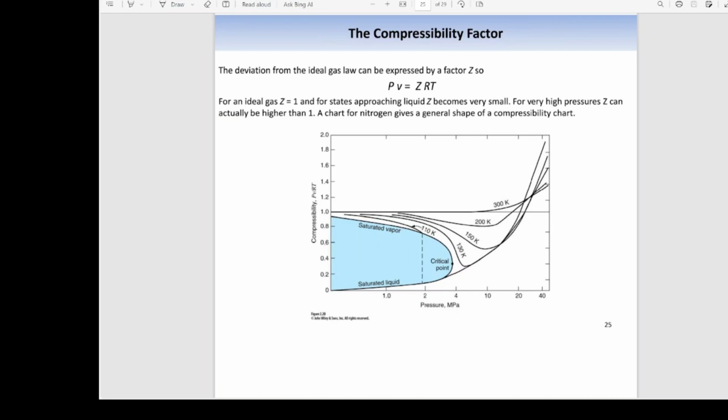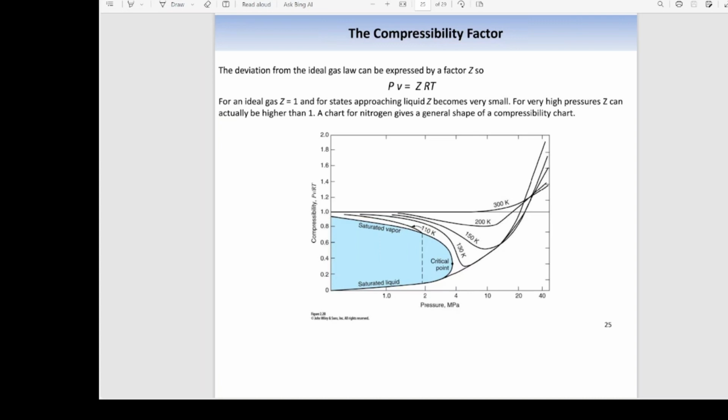Next, at a temperature of 300 K and above, for a range all the way up to about 10 megapascals, the compressibility factor is about 1, and that means it's a good approximation for the ideal gas law within those ranges, 300 K and above, and from essentially 0 pressure all the way up to about 10 megapascals.